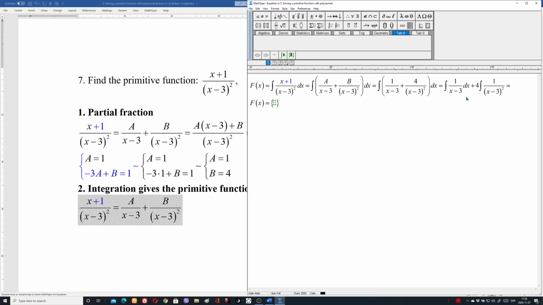Let's call u equal to x minus 3, but first I will write substitute here.